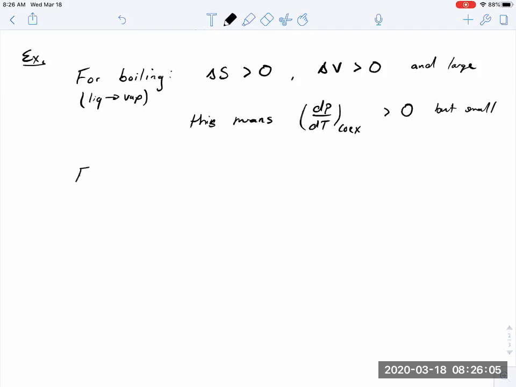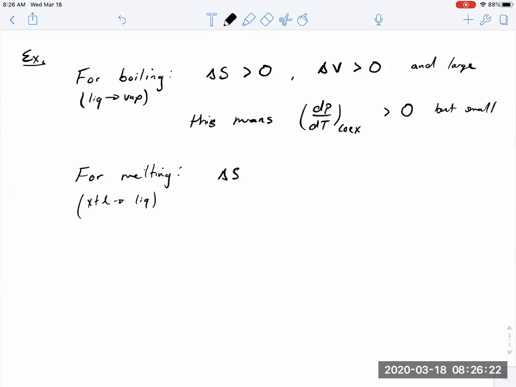Okay, let's think about a different transition, melting. So that takes a crystal into a liquid.